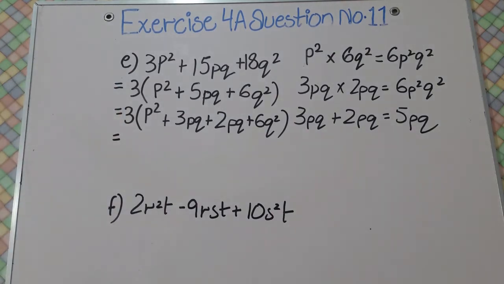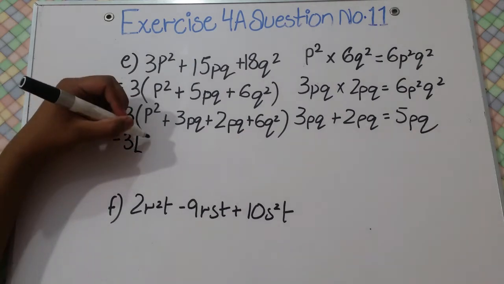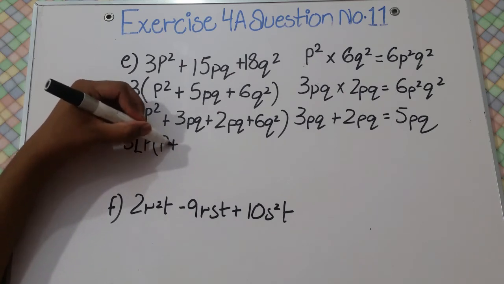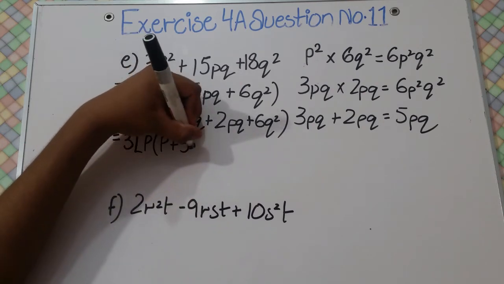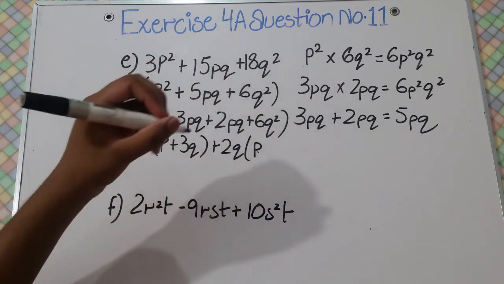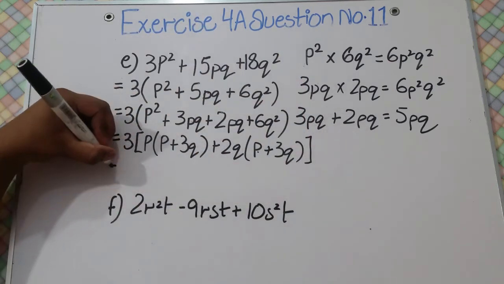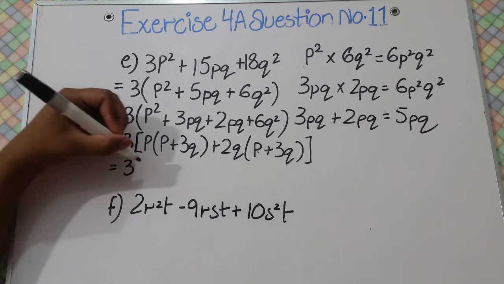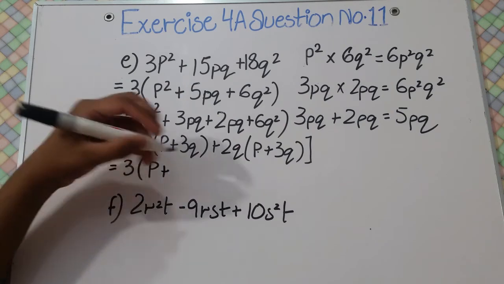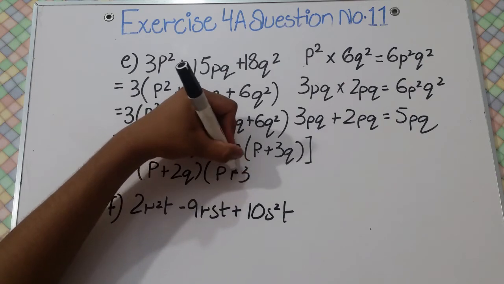Then I'm going to take 3 as the common, and in the other brackets I'm going to write p as the common, then 3q, then plus 2q, p inside plus 3q. Now 3 would be always the common, and we are going to write p plus 2q one time and p plus 3q one time.